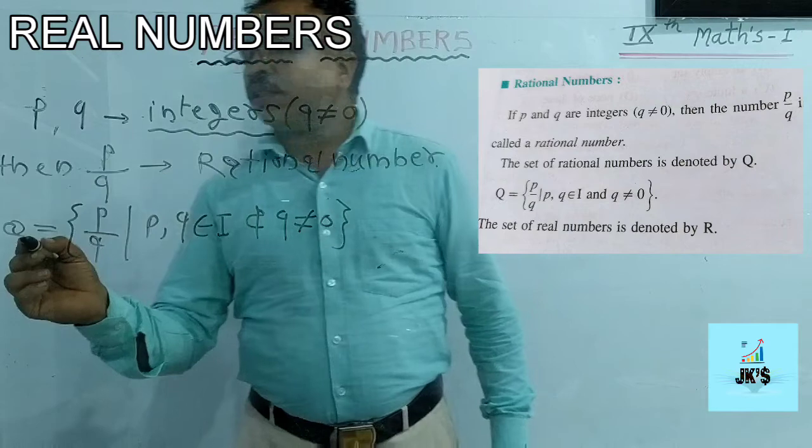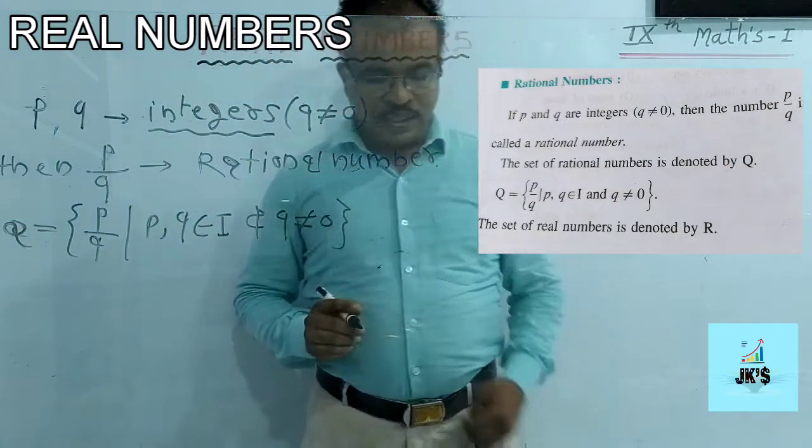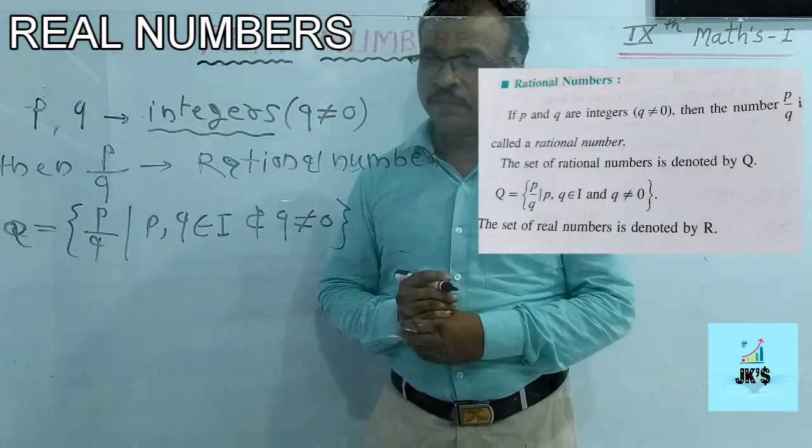Then the set of all such numbers is known as the rational numbers.